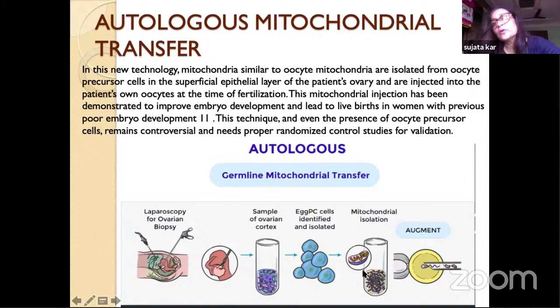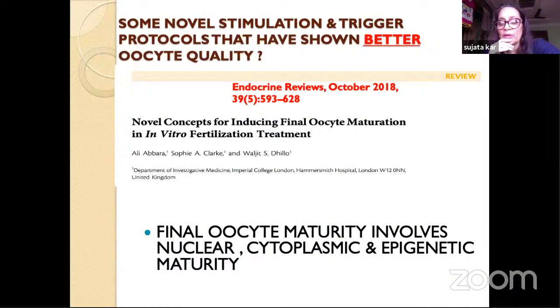And then when the same patient undergoes an IVF in the lab, these mitochondria are pushed back into the oocyte. So this is autologous mitochondrial transfer, which has been shown to improve the oocyte quality.